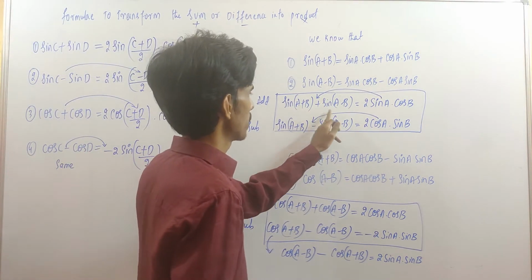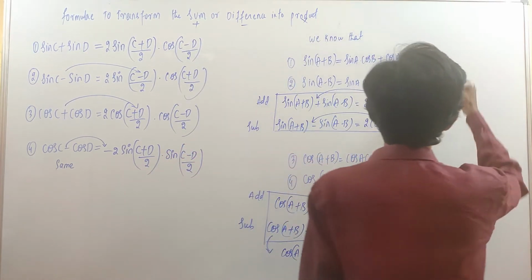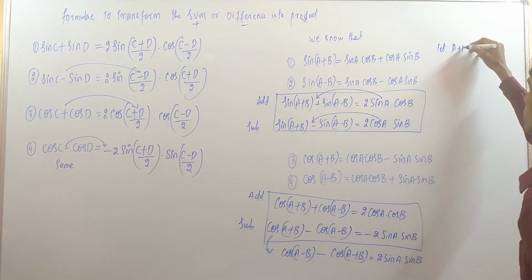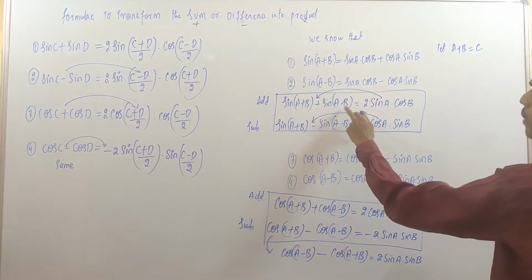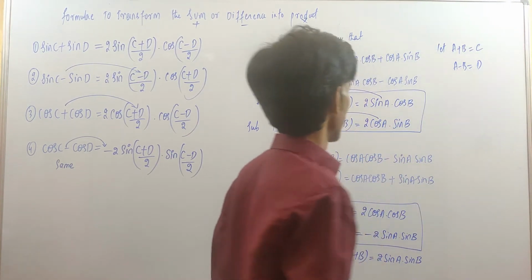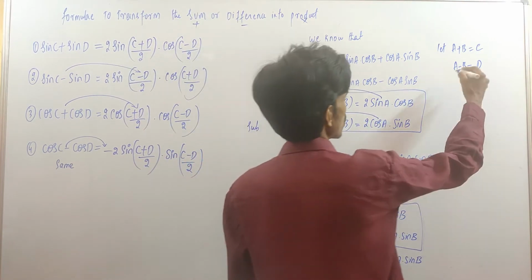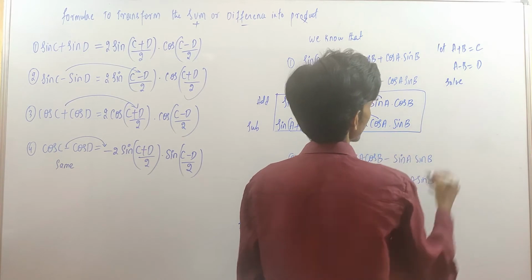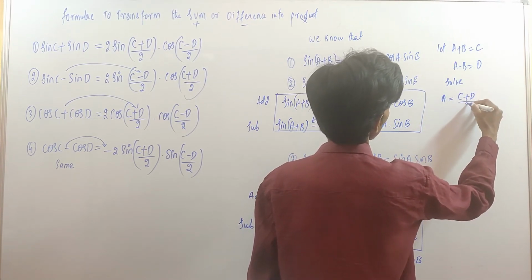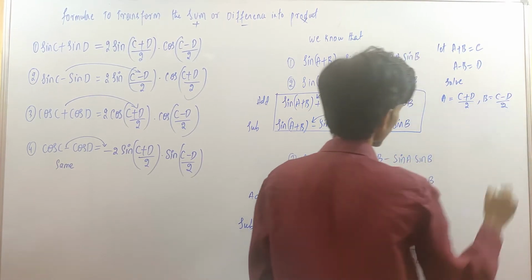Here we have sin A plus B plus sin A minus B values 2 sin A cos B. If we take A plus B value as C and A minus B value as D, solve these two equations, we will get A value as C plus D by 2, B value is C minus D by 2.